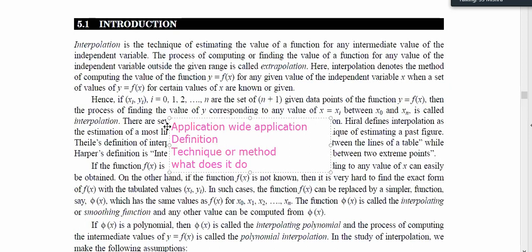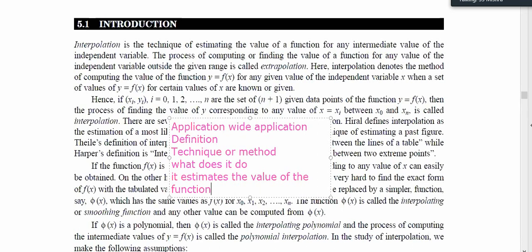It estimates the value of the function, for which the value is not given.